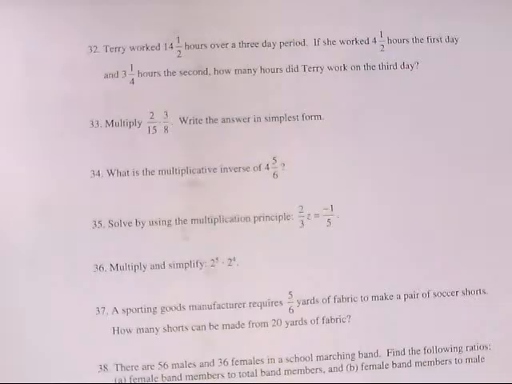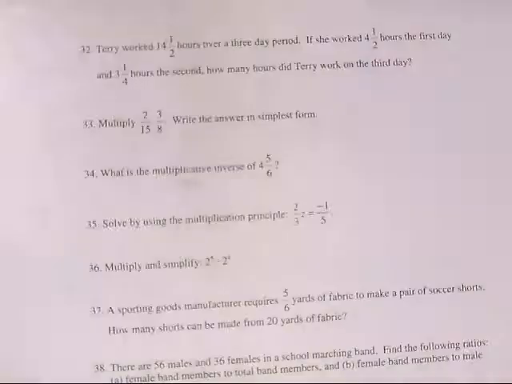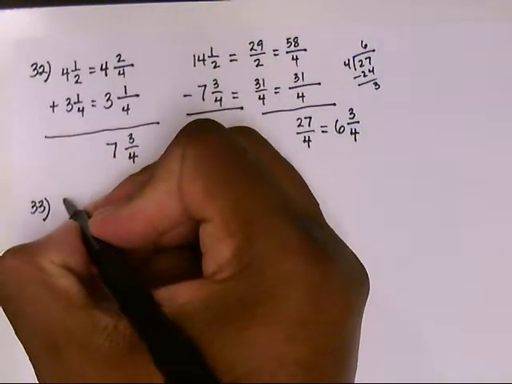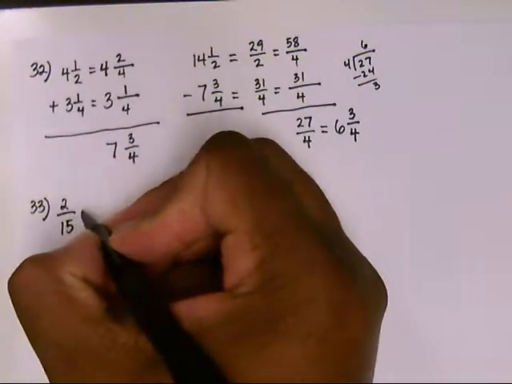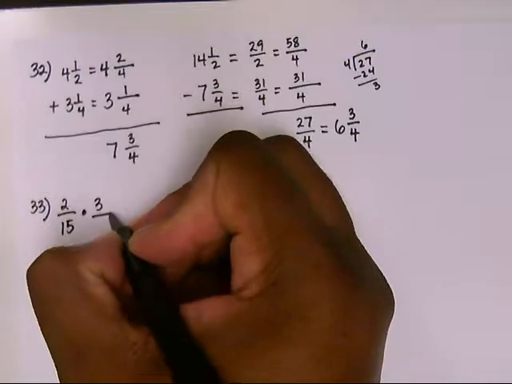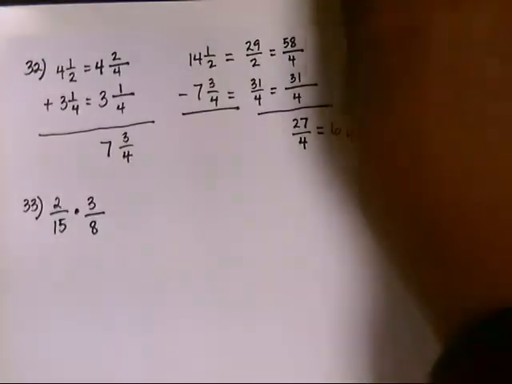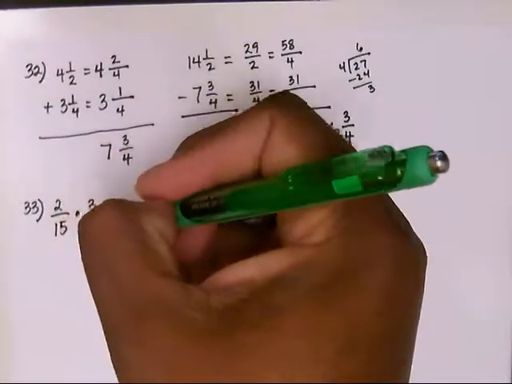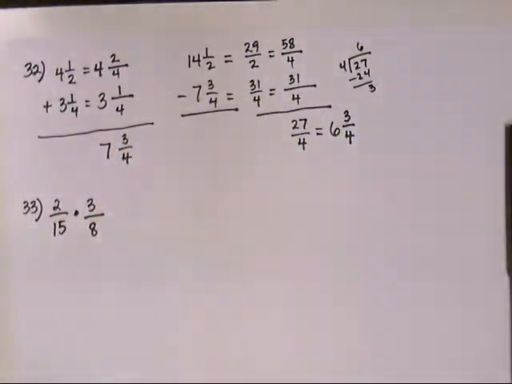Here you're going to multiply 2/15 times 3/8, and you're going to write your answer in simplest form. Sometimes you can do cross cancellation with some of these multiplication problems that have fractions in them. Like in this case here, I know 2 and 8 are multiples of 2.